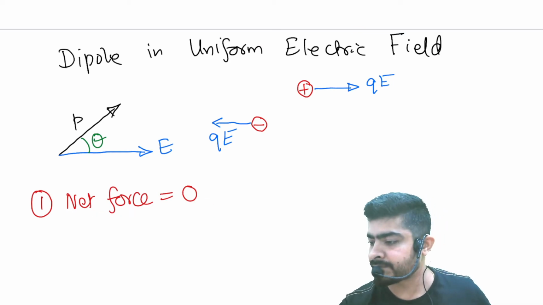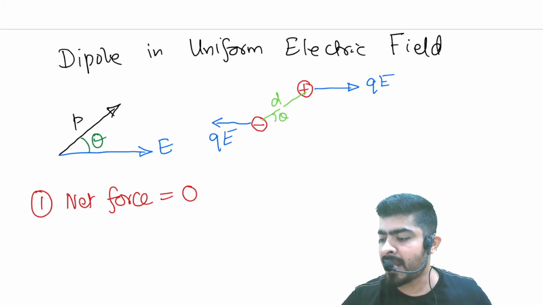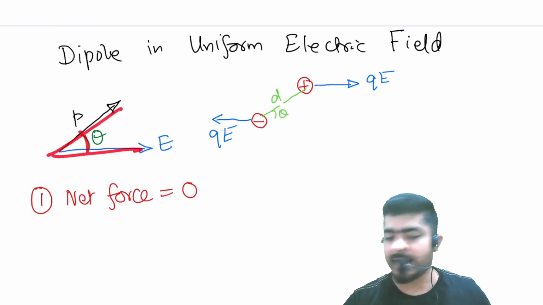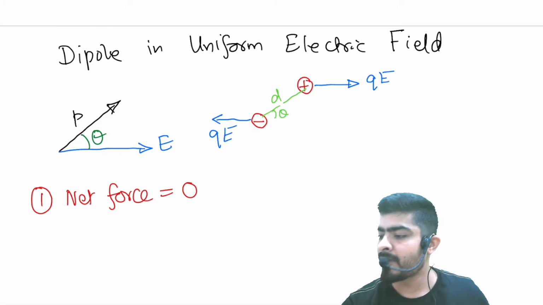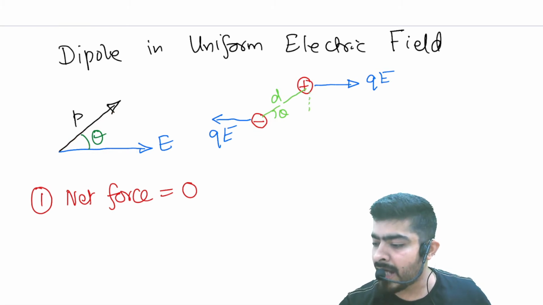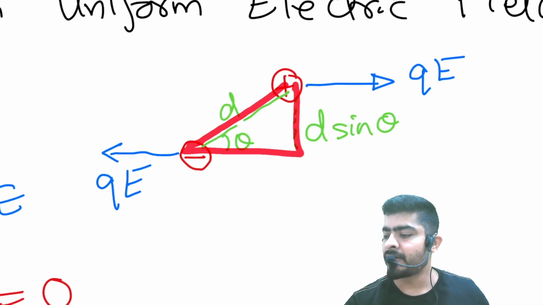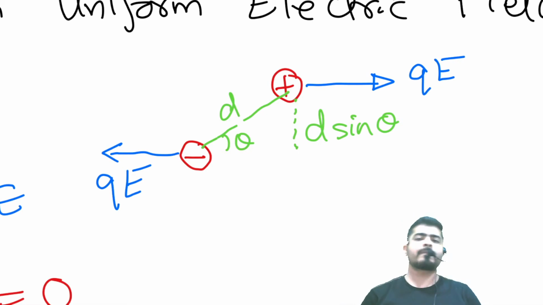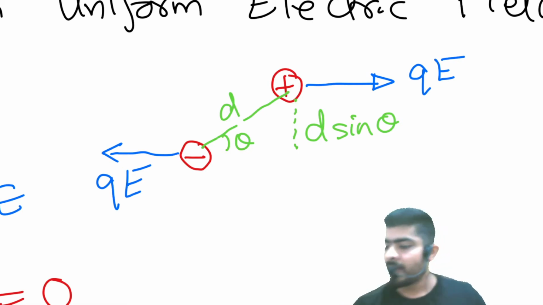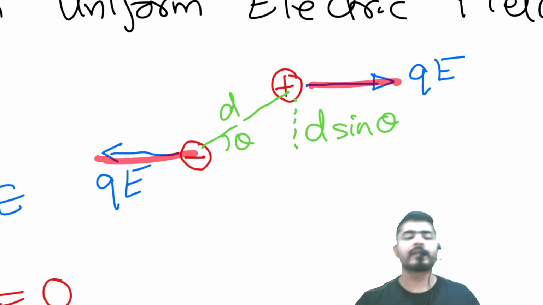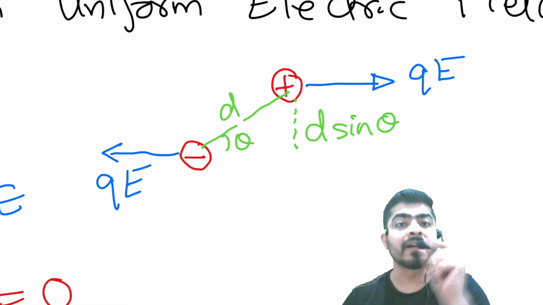Then this is your distance d, this angle is theta, right? This angle is theta, so here also the same angle is theta. Then the height over here will be how much? d sine theta. So this force and this force behave like a torque couple.